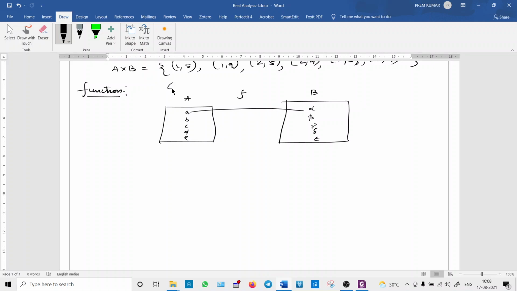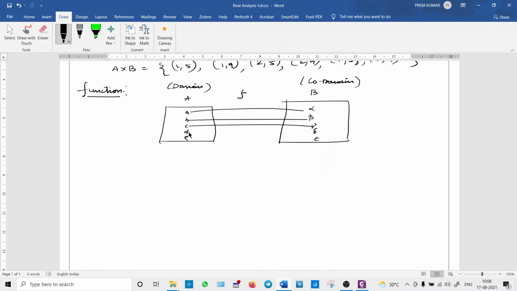I call this set a domain set. All definitions are available. This is called the codomain. So here I'm defining my own function. I can define using a formula also, but I can also use the Cartesian product. So here a is mapped to alpha, and suppose b is mapped to beta, c is mapped to gamma.